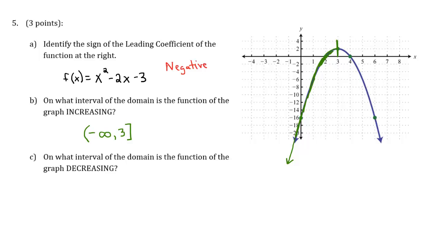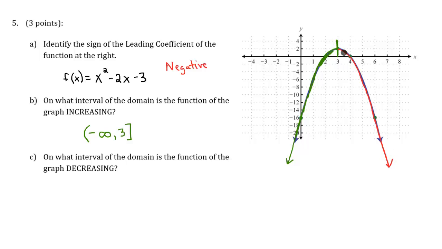Part C is asking for my interval of the domain where my function is decreasing. So we want to look to where our y values are going down, and we recall that x equals 3 was where there was a turning point. So all my y values are decreasing here, and it's going to go on forever.